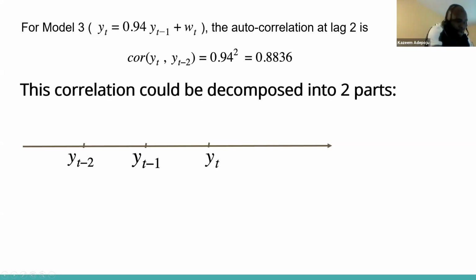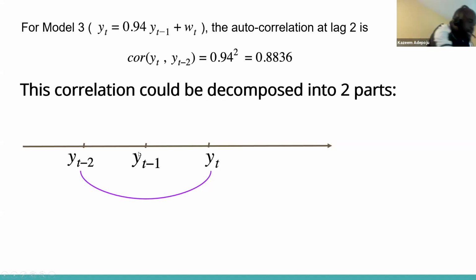What I'm trying to tell you is that the correlation could be decomposed into two parts, and I'm going to show you right now. The correlation I'm trying to find here is just the connection between the current value and the past. This is going to be the in between.